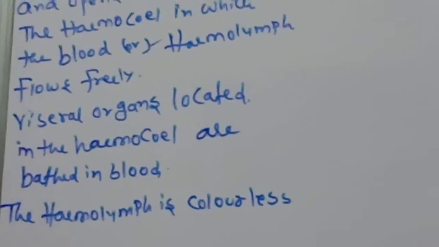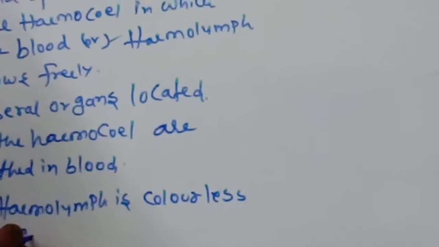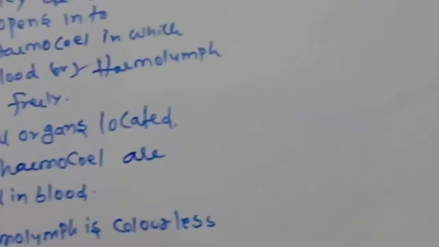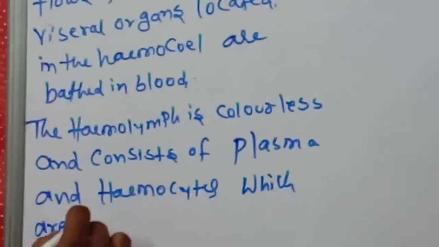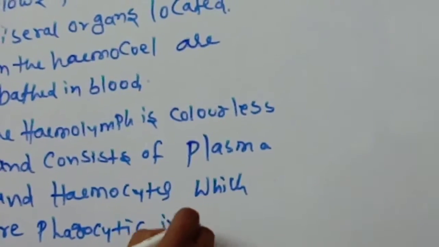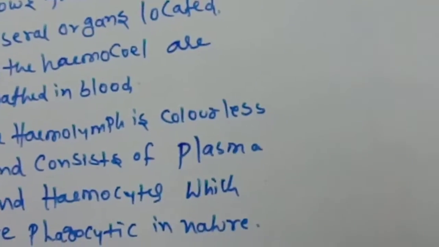The hemolymph is colorless and consists of plasma and hemocytes, which are phagocytic in nature. Okay, children, that is important.